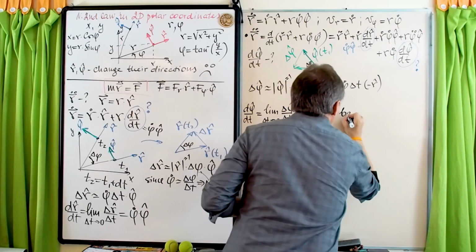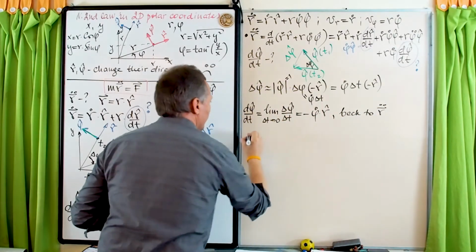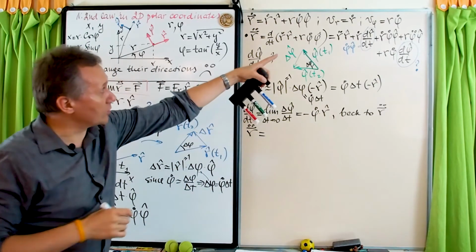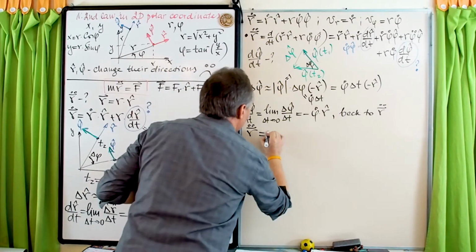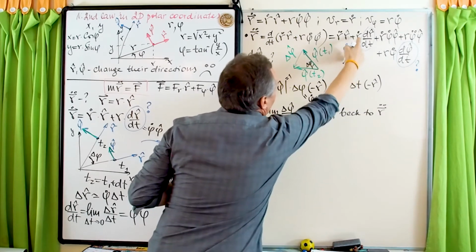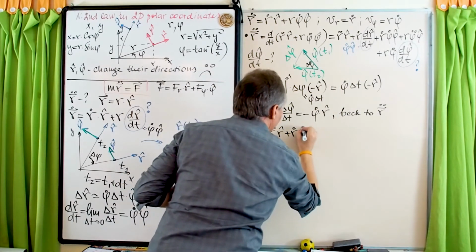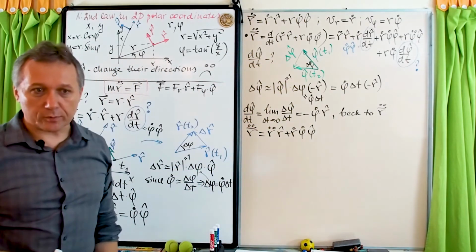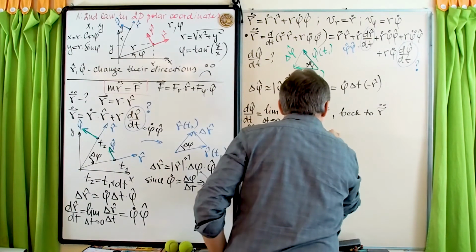So, back to our r double dot now. So our r double dot will be, okay, I'm just rewriting all this. So first, r double dot r hat, then r dot phi hat, it's this term, then exactly the same term, r dot phi hat. But anyway, let me write all of them.